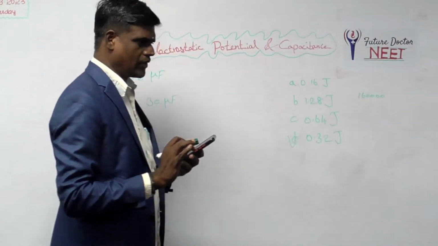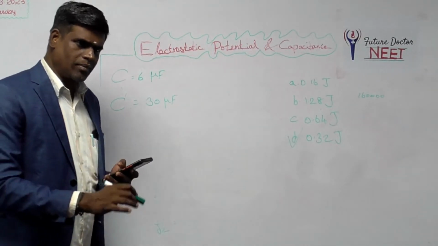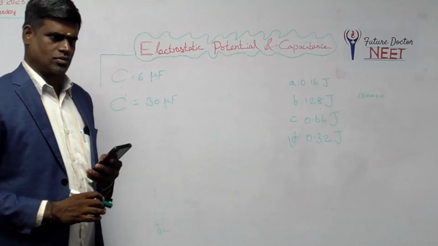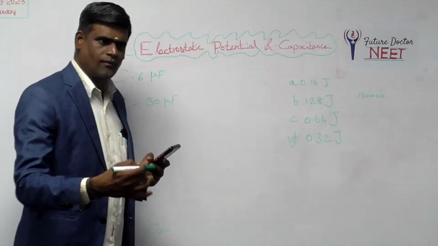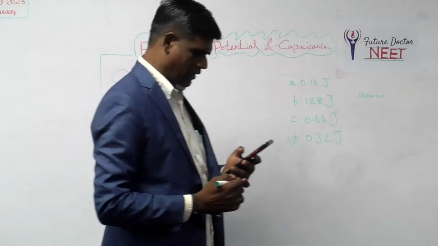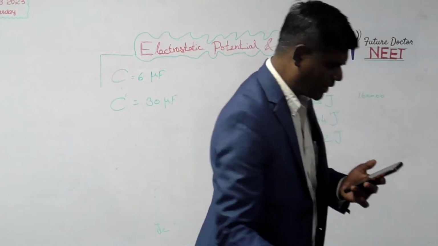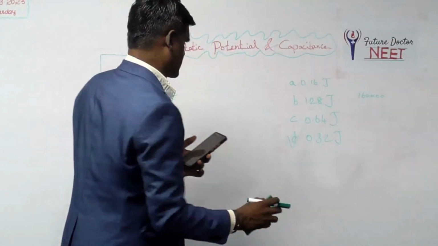Relative permittivity extra we are going to find out, that I will say. First we will complete the option given here. The permittivity of the medium is dash.